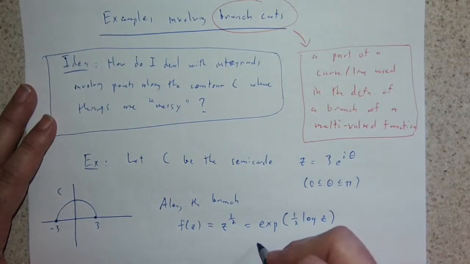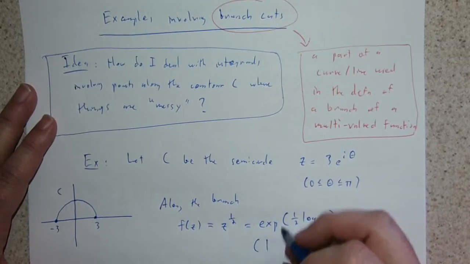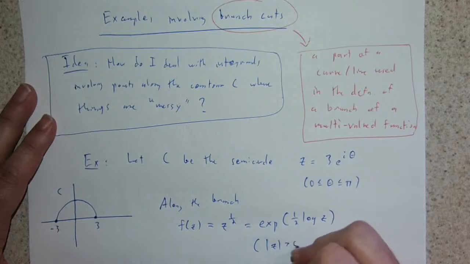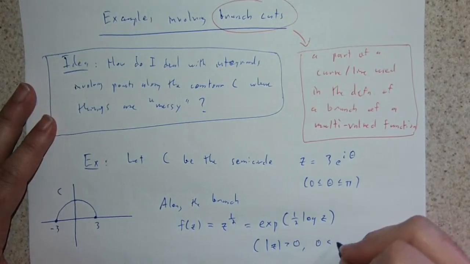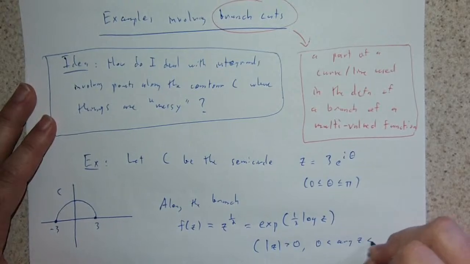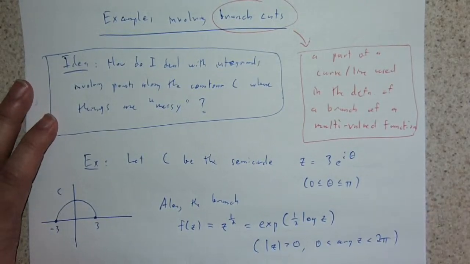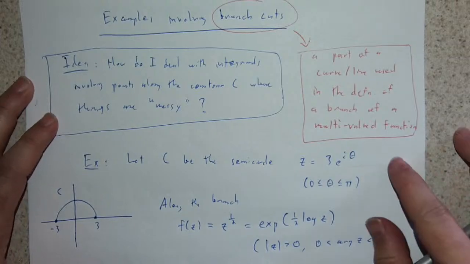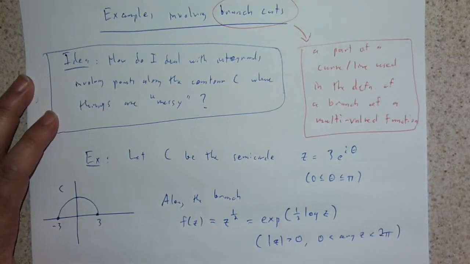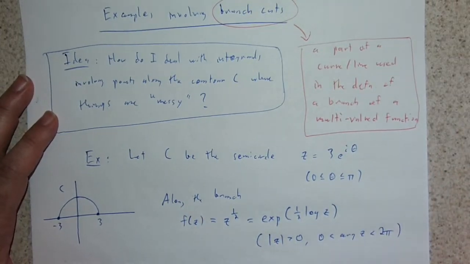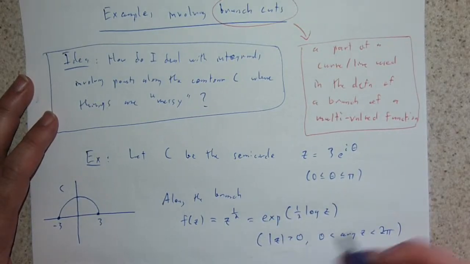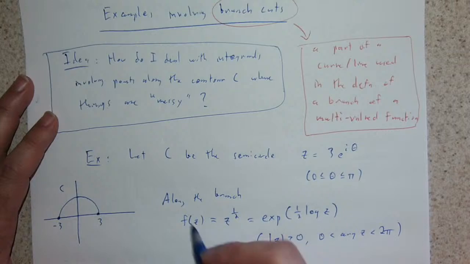Of course the modulus of z is positive, and the argument of z is strictly between 0 and 2π.